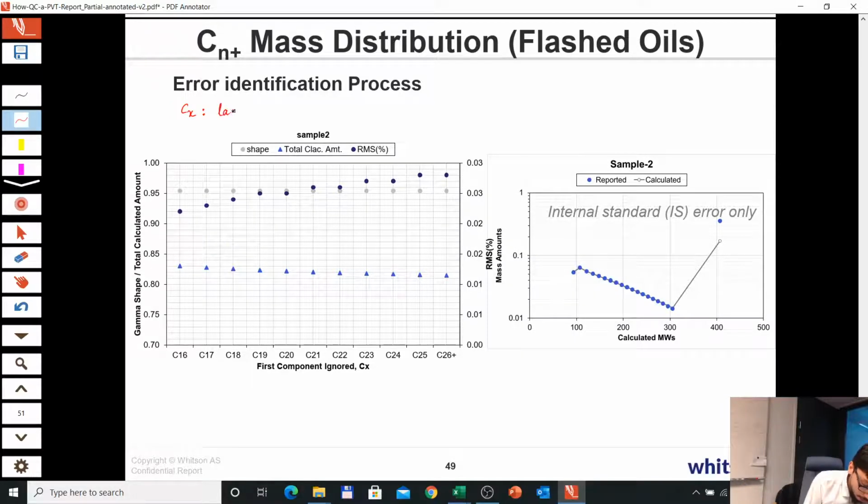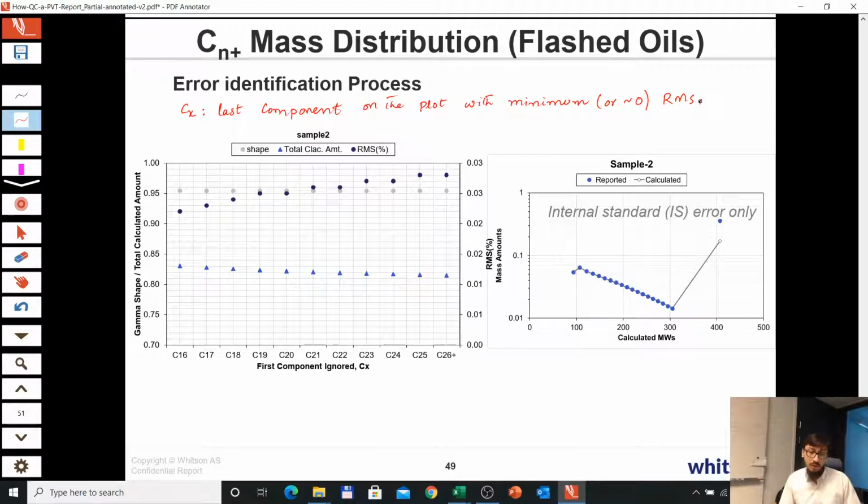Cx: last component on the plot with minimum or 0 RMS. So that's the component we are looking for.